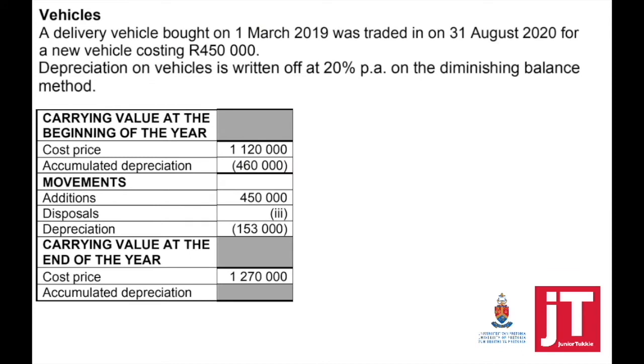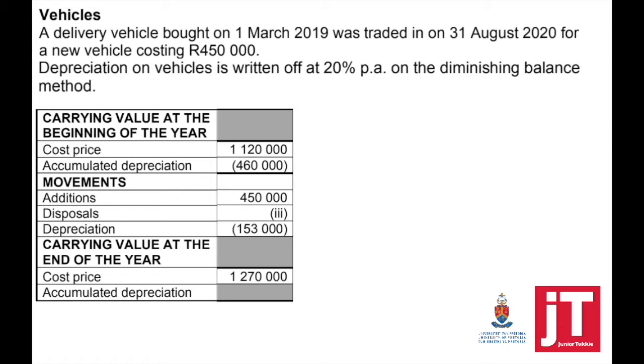Looking now at vehicles, a delivery vehicle bought on 1st of March 2019 was traded in on 31 August 2020 for a new vehicle costing 450,000. Depreciation on vehicles is written off at 20% per annum on the diminishing balance method.